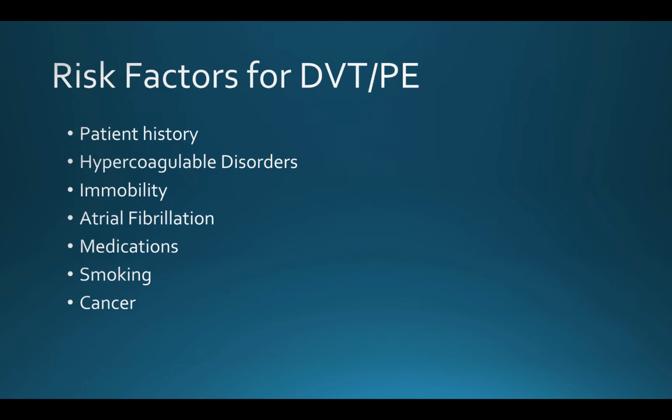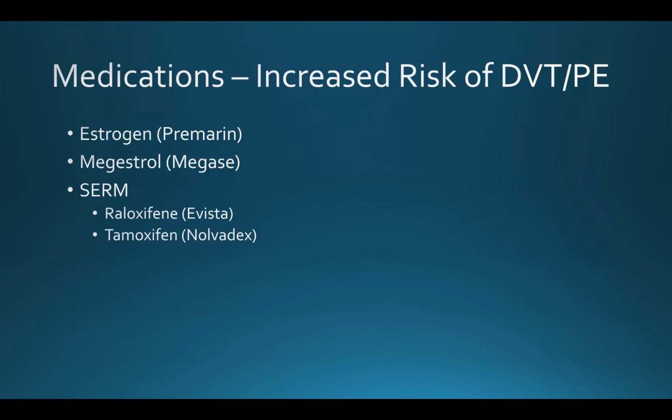I've got a list of a few that you definitely got to know that can contribute to DVT-PE. Probably one of the biggest ones I think of is birth control and estrogen-containing products, which I've got a slide and a few listed coming up here. And estrogen, like I mentioned, Megase, I've rarely seen this in chemotherapy, sometimes in geriatrics too, to stimulate appetite.